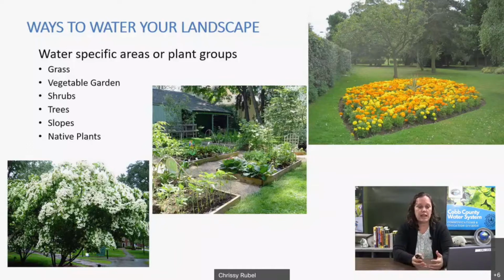And you can actually set your system so that different valves open for different lengths of time and at different times. So whether it's your turf grass, like your lawn, your vegetable garden, native plants, or trees, the system should only water that one section. And that's because all of those sections have different water needs.